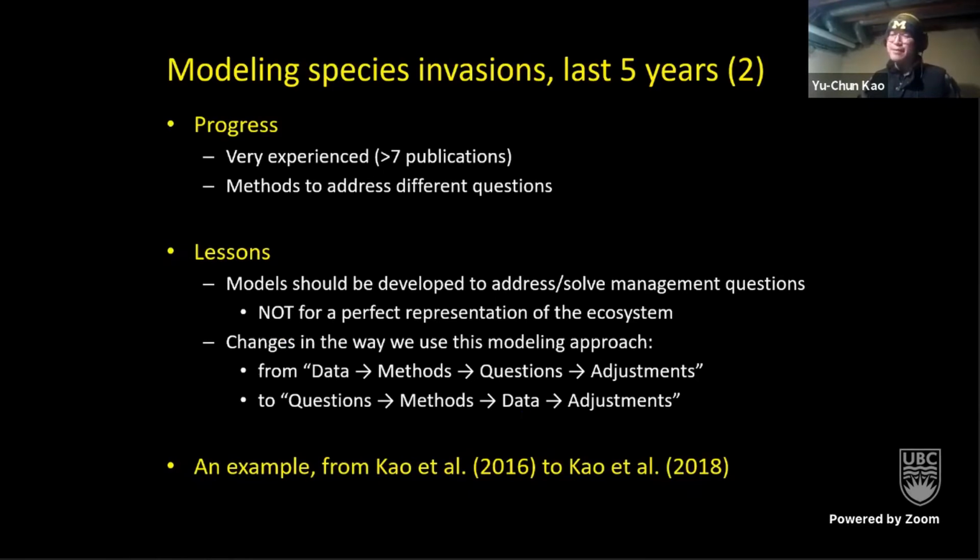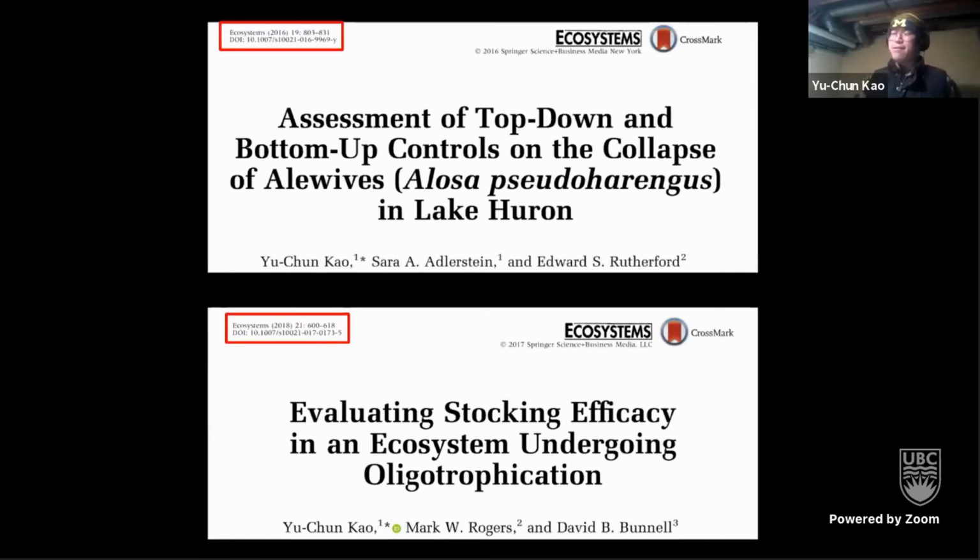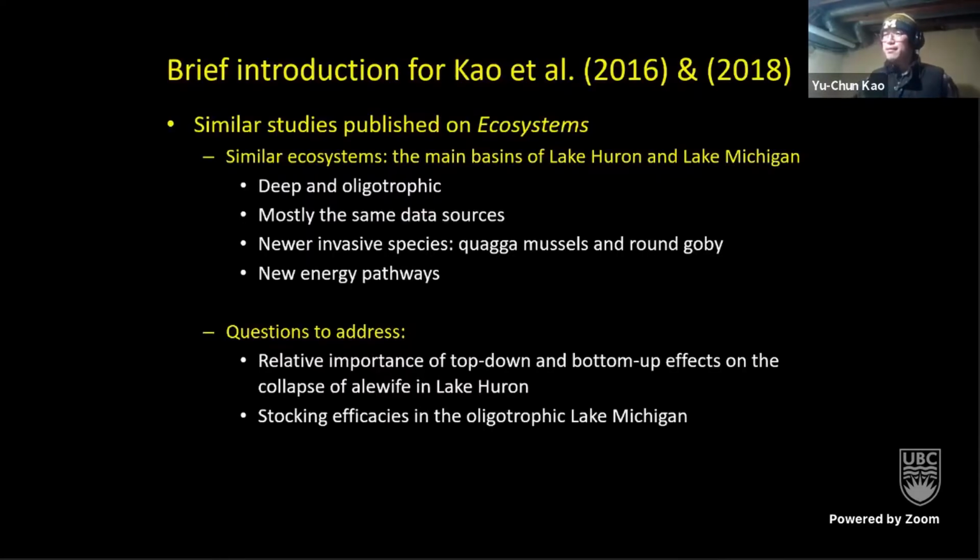I will give you an example and go through it quickly. Here are two papers of mine published in 2016 and 2018, one for Lake Huron, one for Lake Michigan. They are similar in many ways, but I did the second one much quicker. Here is why. Lake Michigan and Lake Huron are very similar, and the data were mostly from the same sources.